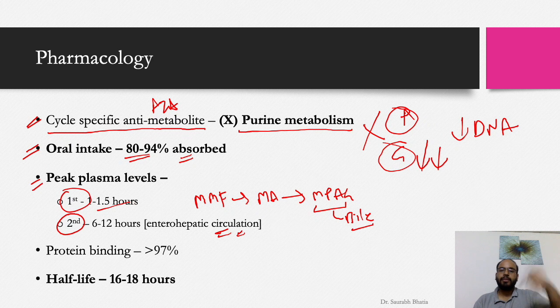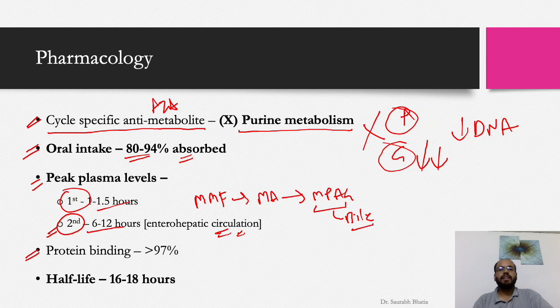That means the molecule keeps circulating between the hepatic blood circulation and the intestines. So in the liver, the MPAG bile compound gets secreted into the intestine by biliary secretions and then reabsorbed through the intestine and goes back to the liver. This is known as enterohepatic circulation, and because of this we see the second spike of peak plasma level at 6 to 12 hours.